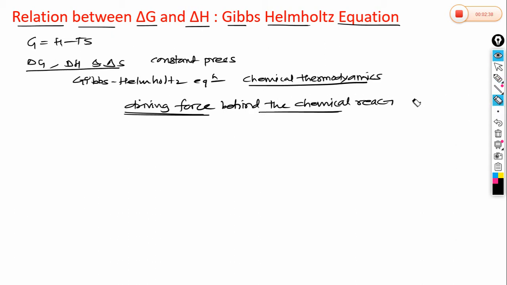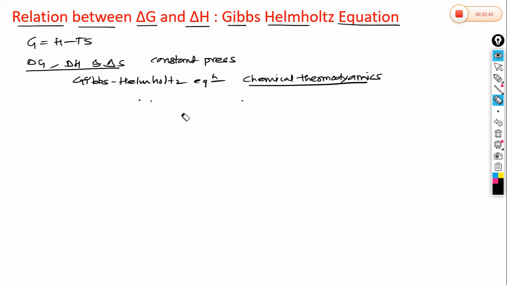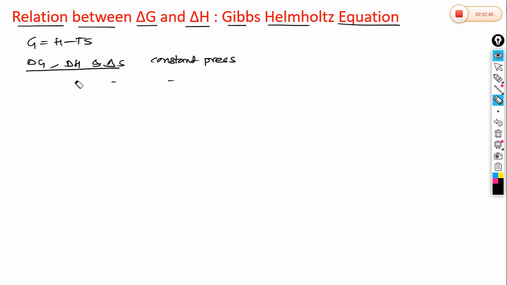So how can we derive the Gibbs-Helmholtz equation?